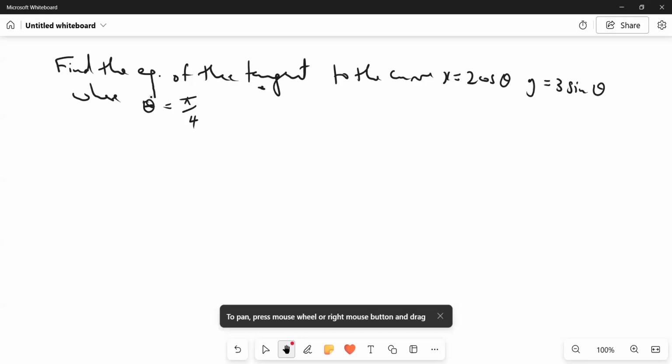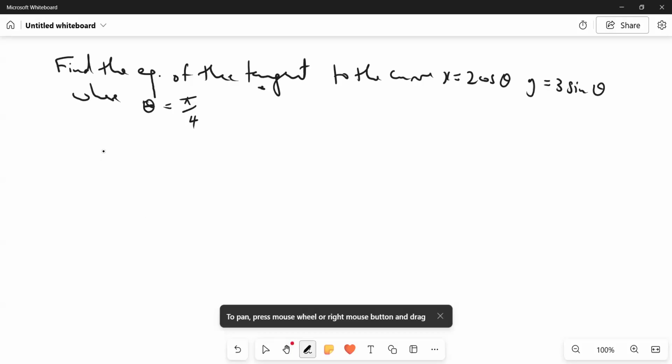We're dealing with small values. So pi over 4 is 45 degrees. 45 is a big number numerically, but pi over 4, 3.14 divided by 4, is a very small number, and it suits the definitions of calculus.